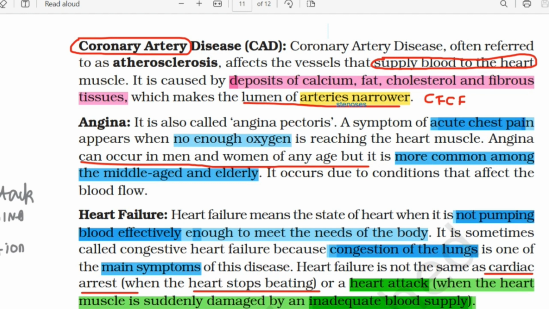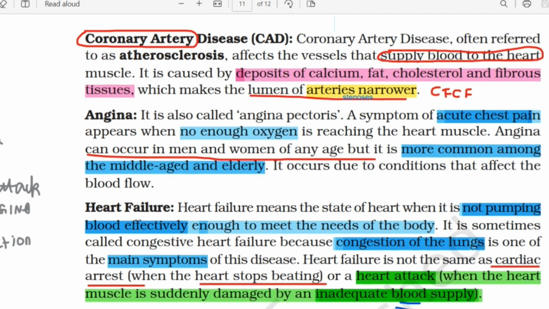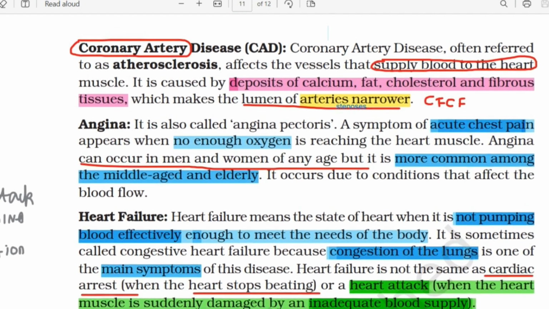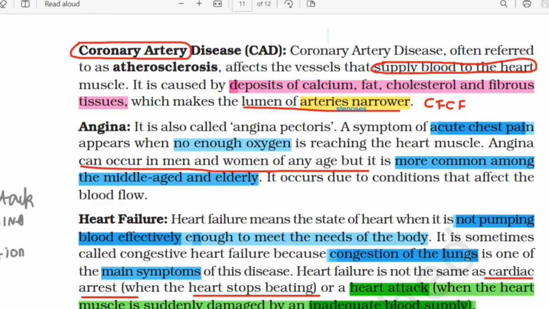Next we have angina, or angina pectoris. Pectoris is nothing but the chest. Angina is characterized by a typical chest pain. This occurs because not enough oxygen is reaching the heart muscle. Why?